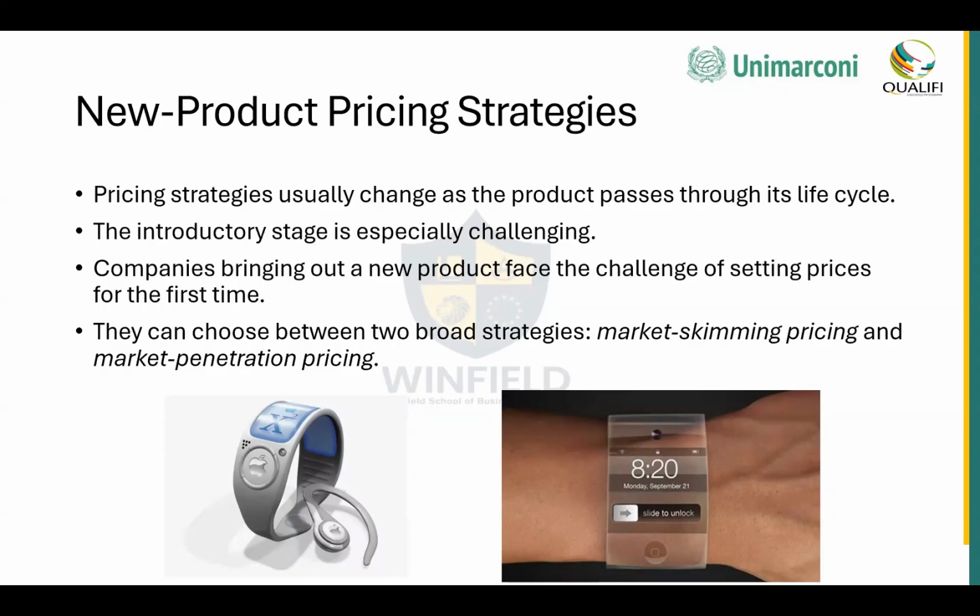When you introduce a new product to a new market, the existing market is very competitive, but with a new product in a new market, you can think about setting a higher skimming price. Skimming pricing means, let's say a completely new market like space travel.